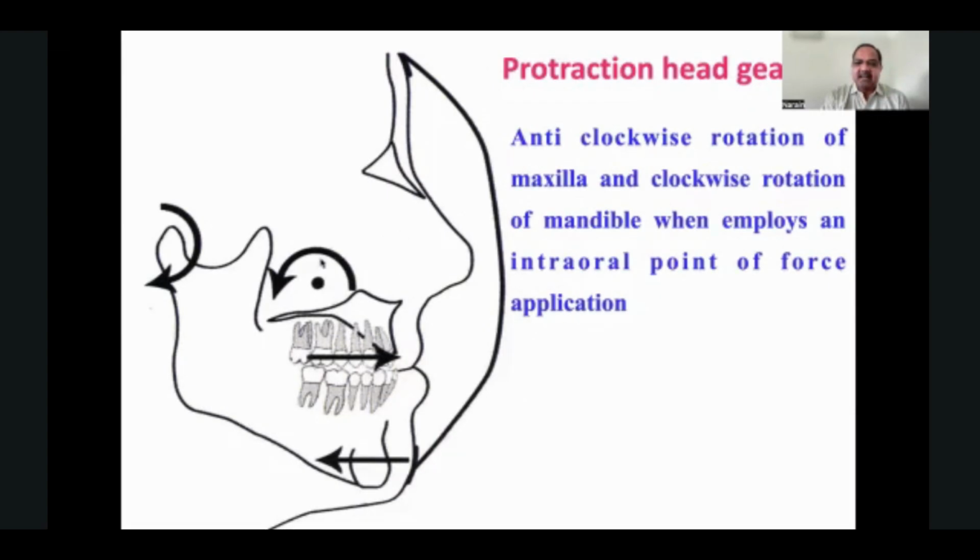There is an anti-clockwise movement of the maxilla. For that reason, the posteriors extrude, the anteriors intrude. There is a tendency to elongate the face, and there is a tendency for an open bite. So that is the reason why, when you are giving a protraction headgear, you have to place the elastics in a forward and downward direction, almost at 30 degrees to the occlusal plane.